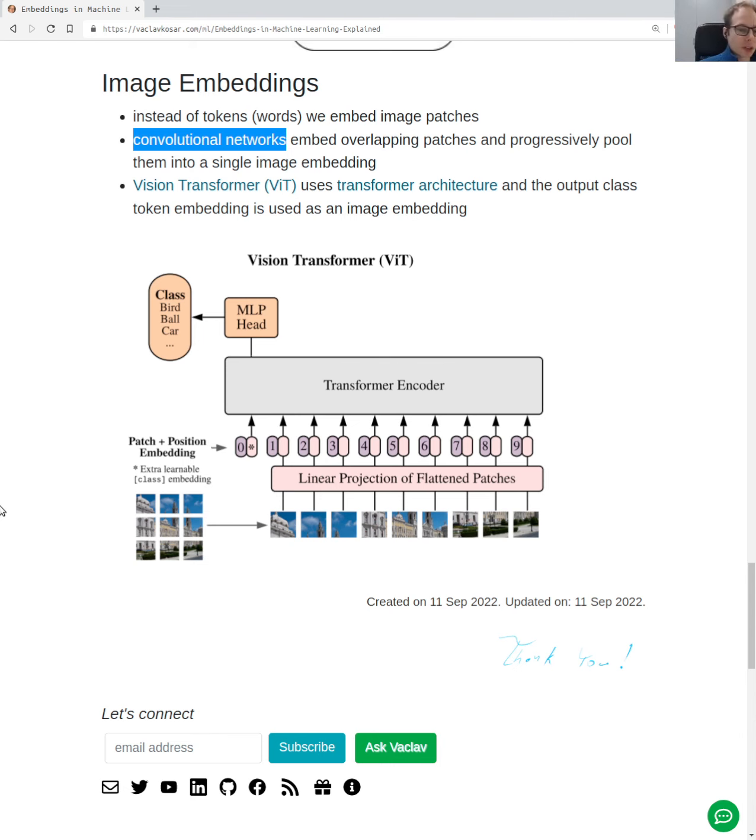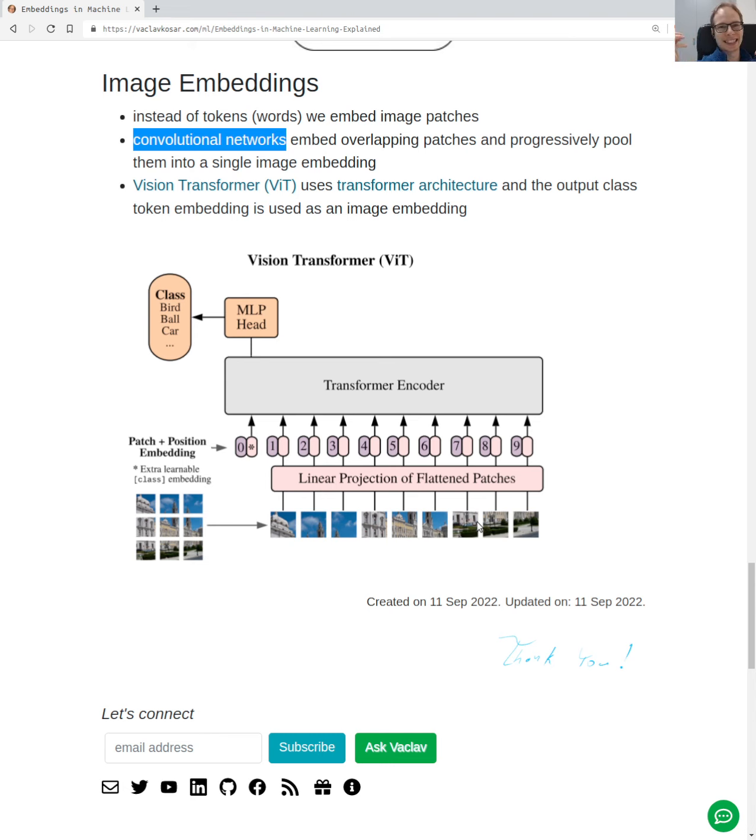in case of convolutional networks, on each of these patches they use the same network. They run them through similar things, and for each position, for each patch, they keep the representation. And since the input is a two-dimensional square image, the output is also a square, in this case a matrix, right?